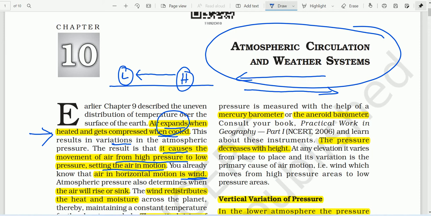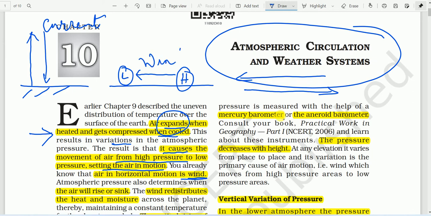But if the air moves vertically up and down, for example from the surface, this is known as current. If the air moves vertically, that is known as current, and the horizontal movement is known as wind. Vertical movement is known as what? Current.